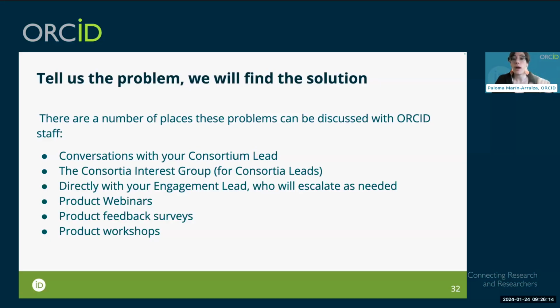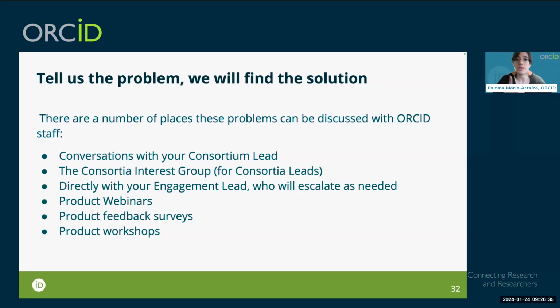If you are a direct member, you can talk directly to your engagement lead, who will actually escalate these requests as needed. And we also have product webinars, product feedback surveys, and product workshops in which you will be able to share that feedback as well.